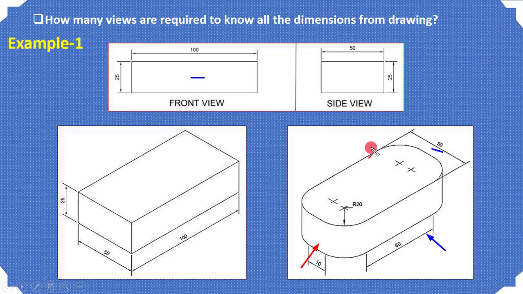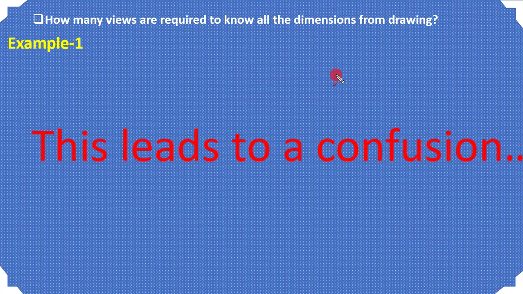The main thing to show here is that if you have only the front view and the side view, then it's very difficult to identify the actual 3D object, how it will look, or whose front view and side view these are. So this leads to a confusion.